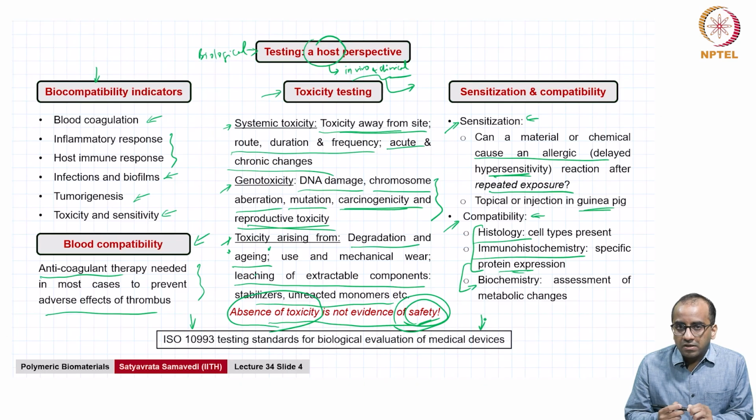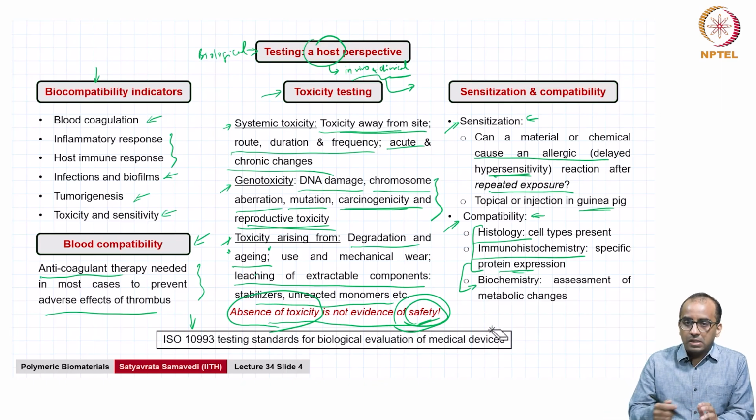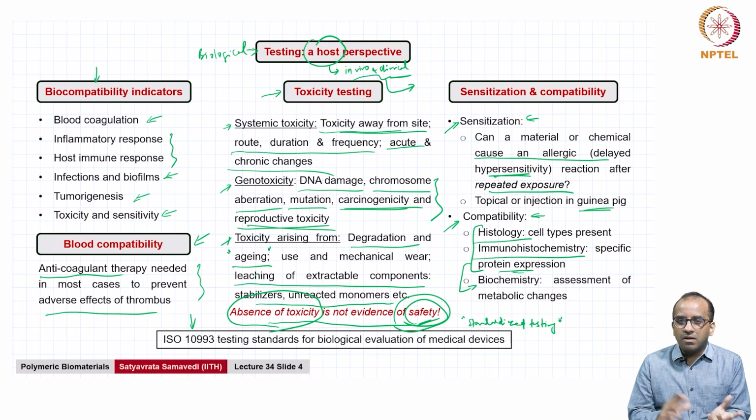We have noted earlier that regulatory agencies such as the FDA don't mandate the use of specific standards, but if you have followed these standards, it's much easier to claim evidence of safety and effectiveness. Essentially, these standards are important because they permit standardized testing under controlled conditions, making comparisons and benchmarking much easier. That is why standards are extremely important.